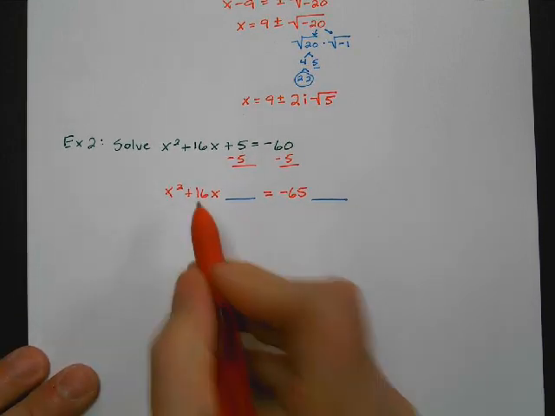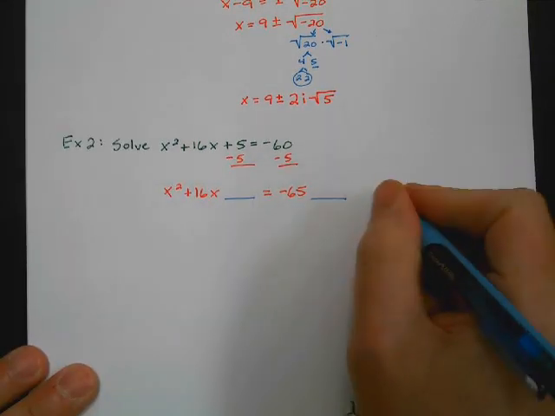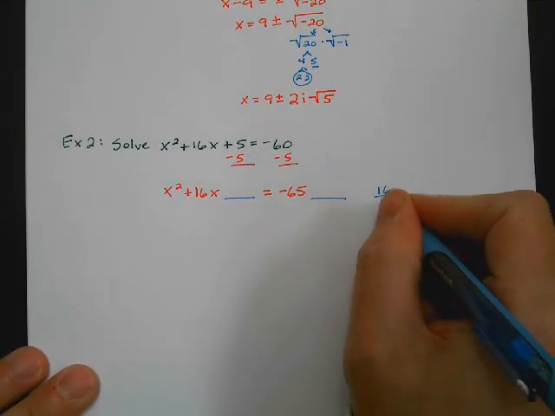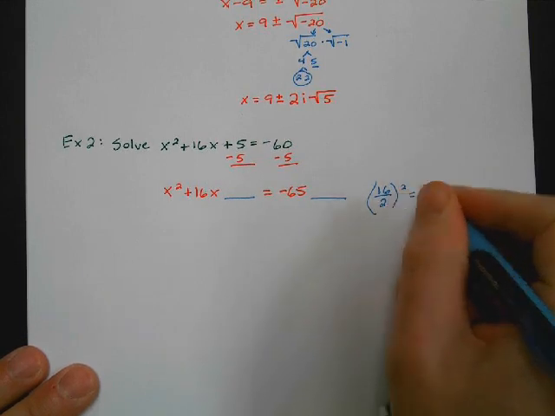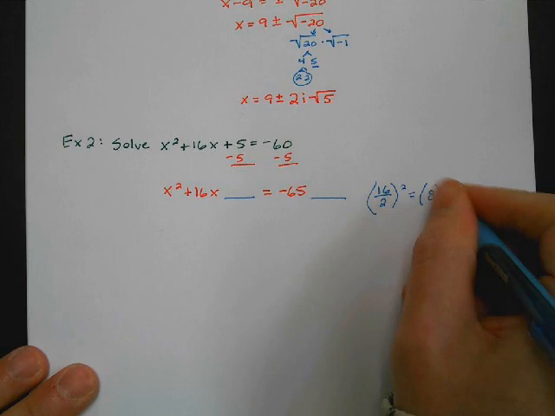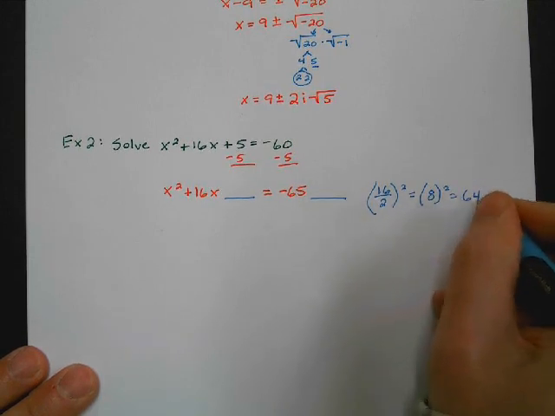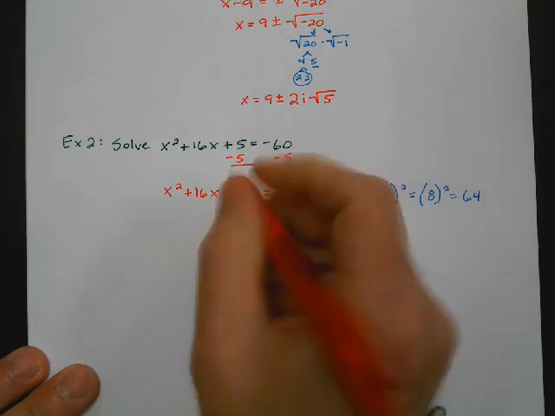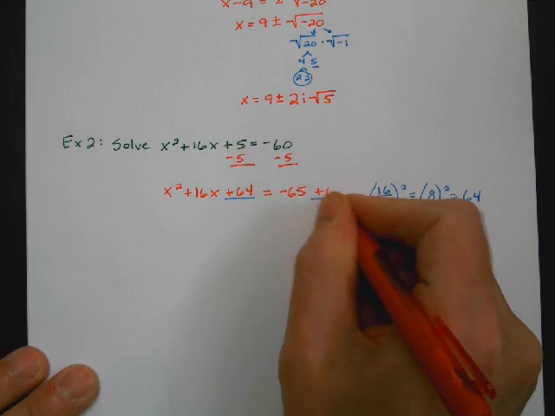Okay, completing the square, I take the 16, and our process is we cut it in half and square it. 16 divided by 2 is 8, and 8 times 8 is 64. So I'm going to add 64 here, add 64 here.